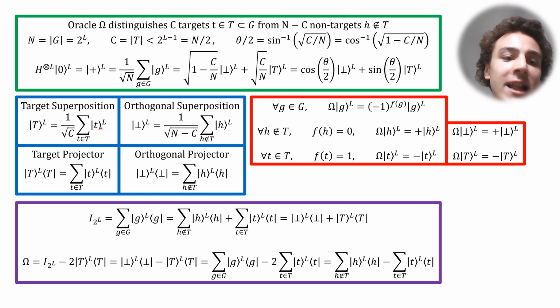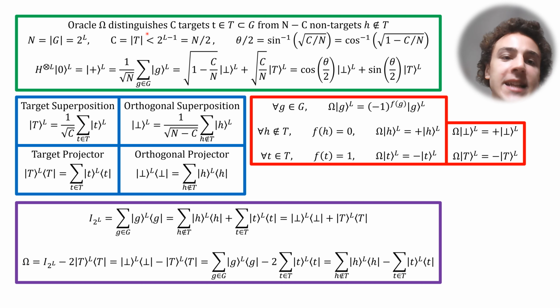They are labeled by the elements of the set T. And you can write these little t's in binary notation as L-bit strings. And those L-bit strings serve as labels for these target states. In total, there are C of these L qubit computational basis states that are target states. C is the cardinality of the set T. It's the total count of all of the targets.